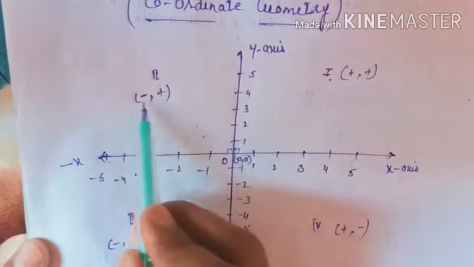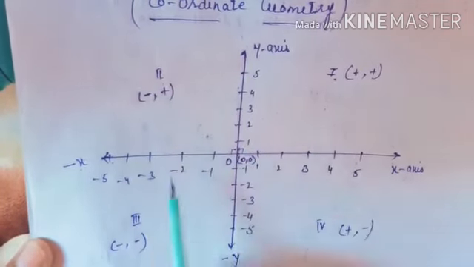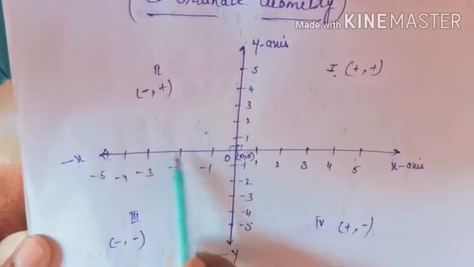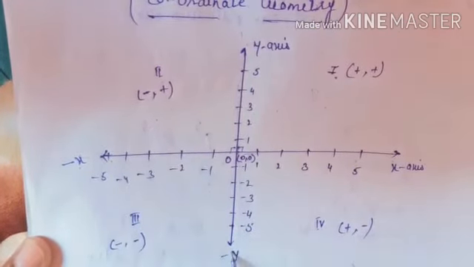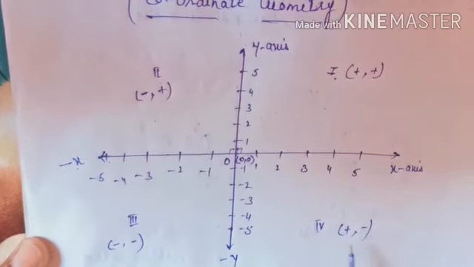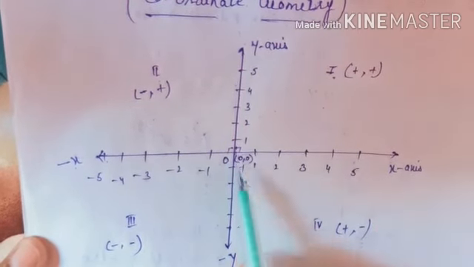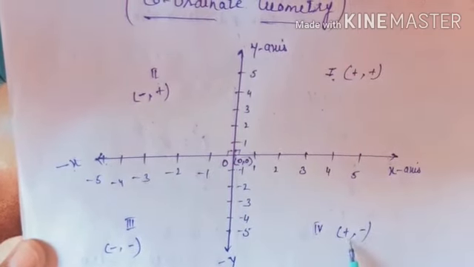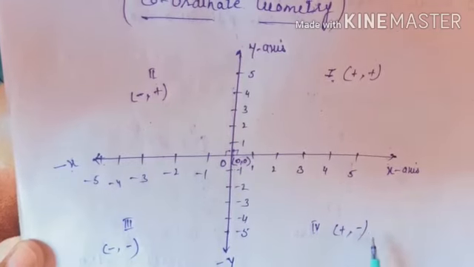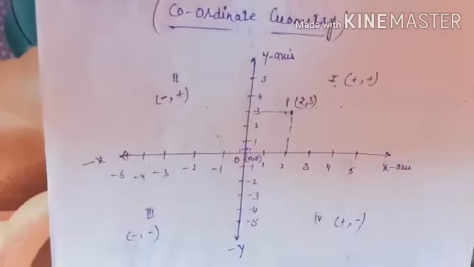It means the x coordinate is negative and the y coordinate is positive. In the third quadrant, the x-axis is negative and the y-axis is also negative. It means both coordinates are negative. And in the fourth quadrant, the x-axis is positive and the y-axis is negative. So the x coordinate is positive and the y coordinate is negative. This is the Cartesian plane.